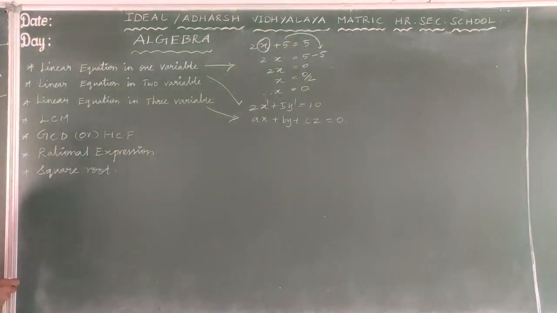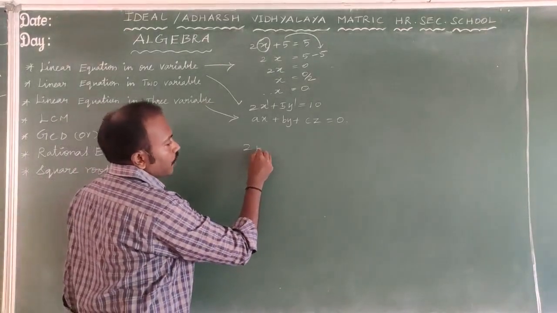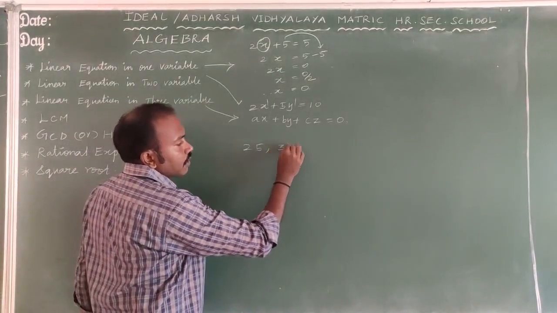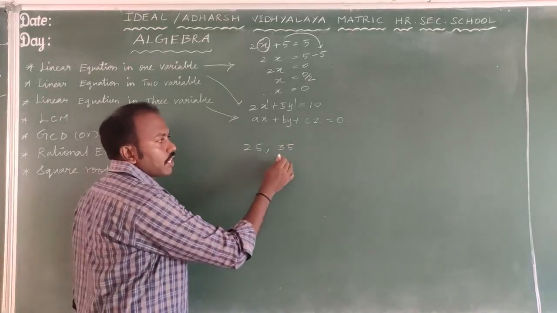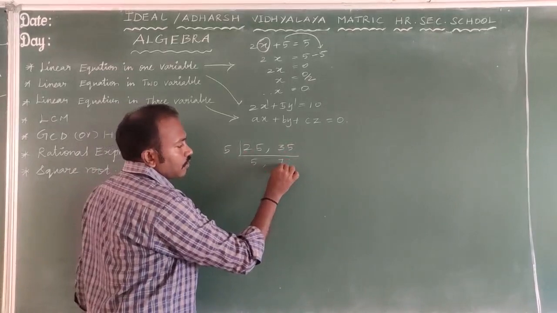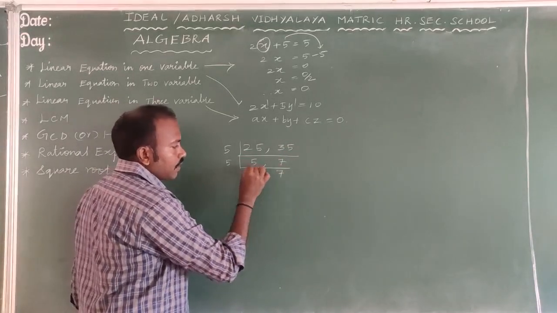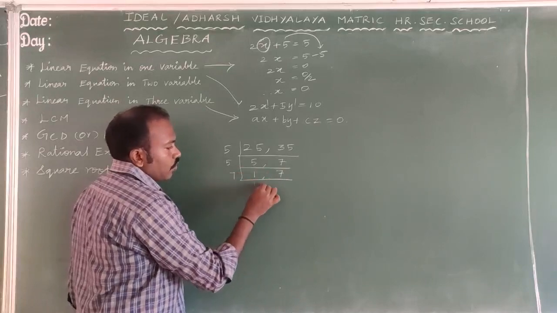Okay, right. Next one, LCM. That means least common multiple. For example, 25 comma 35. LCM of 25 comma 35. 5 fives are 25, 7 fives are 35. Then 5 1 7, then 7 1 1.